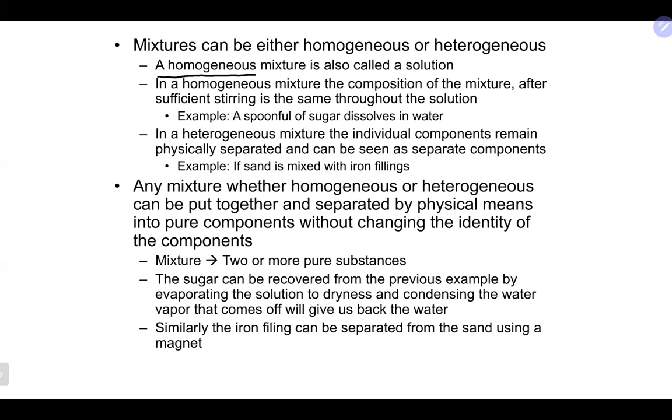The other type of mixture is a heterogeneous mixture. In a heterogeneous mixture, even with sufficient mixing, you still see different phases, you still see different layers. So if you go back to your sand in your water, you can mix that all day. The sand is never, ever going to dissolve, right? So you will still be able to see the sand in it.